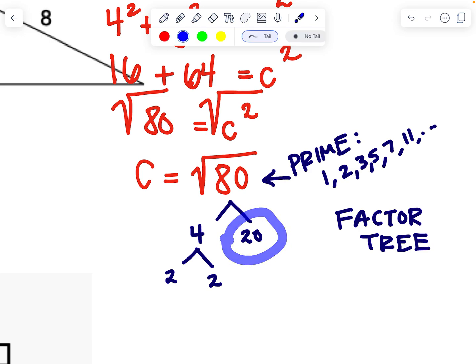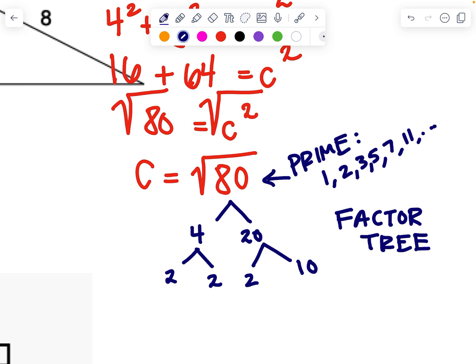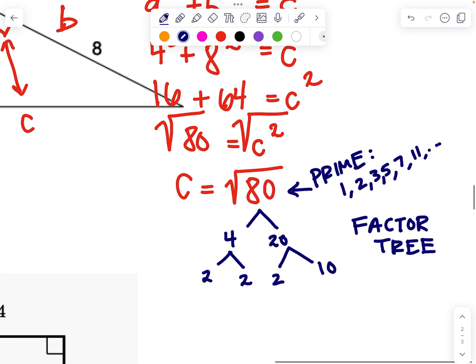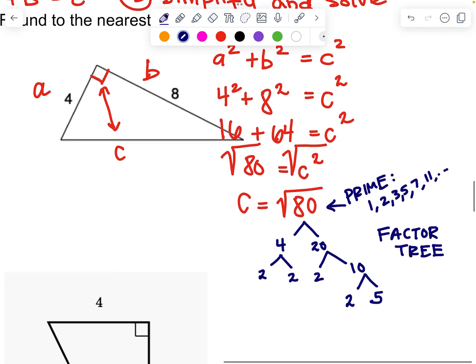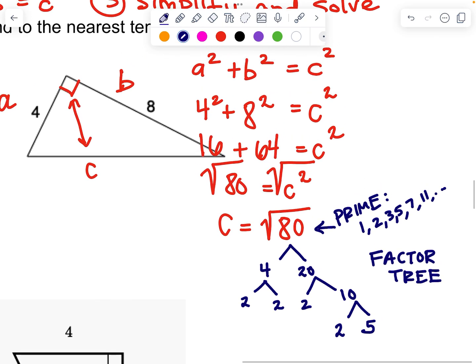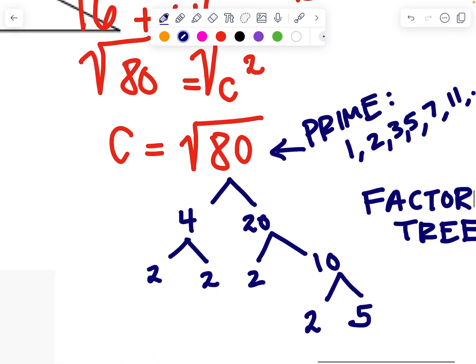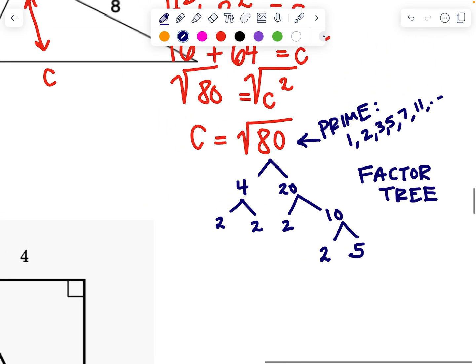Okay, 20 can also be factored further. Let's factor 20 into 2 and 10. Okay, 2 is done, but 10 can be factored further. 10 is an even number, so we can factor 10 into 2 and 5. Okay, why do this?